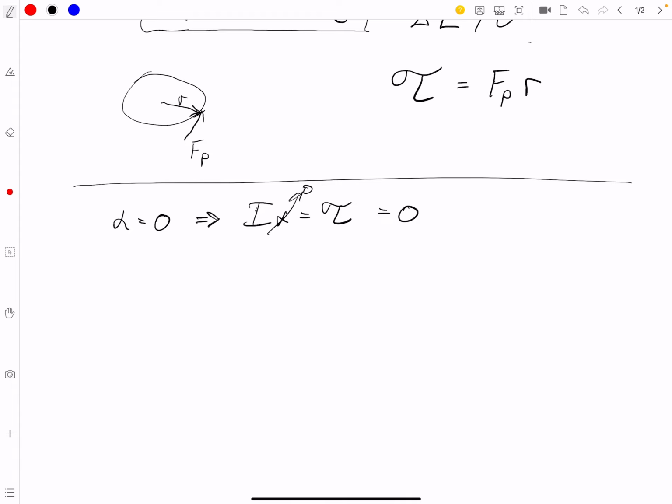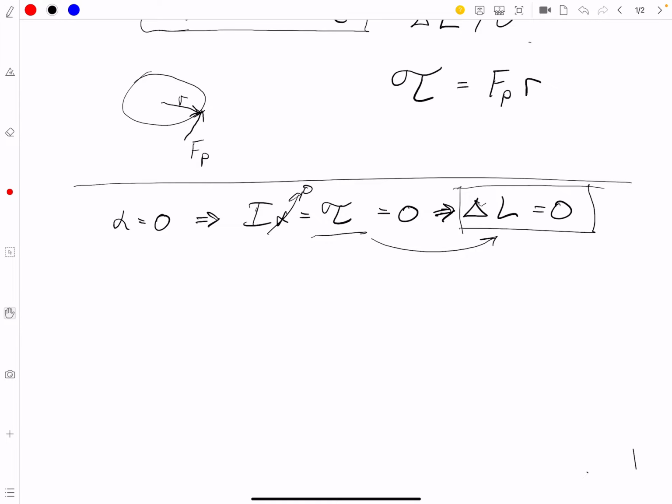So now our delta L is equal to 0, because the torque is equal to 0, and this torque has to be multiplied by time before it can equal this delta L. So the fact that there is no torque gives us this.